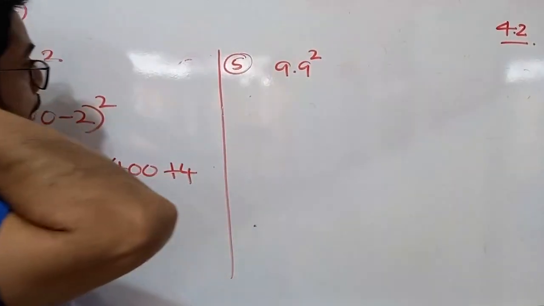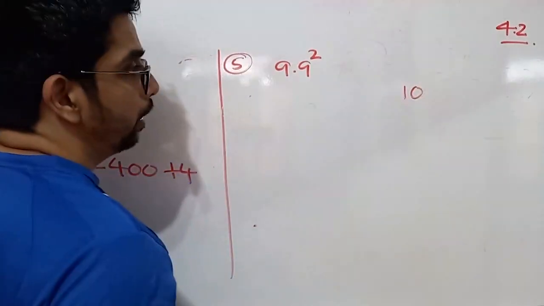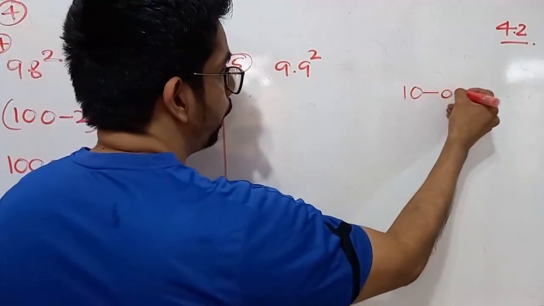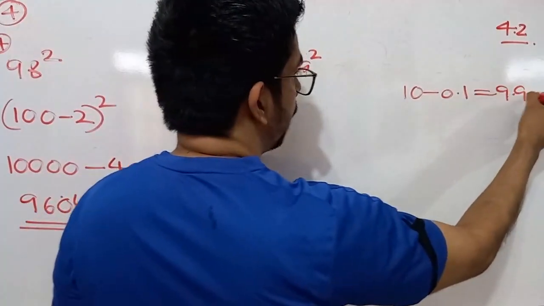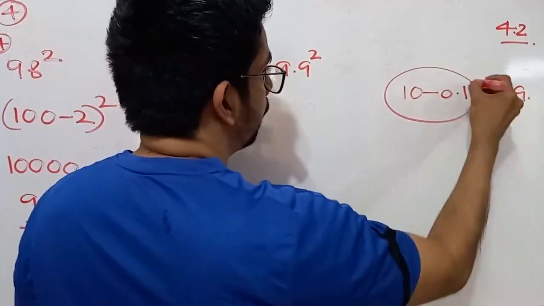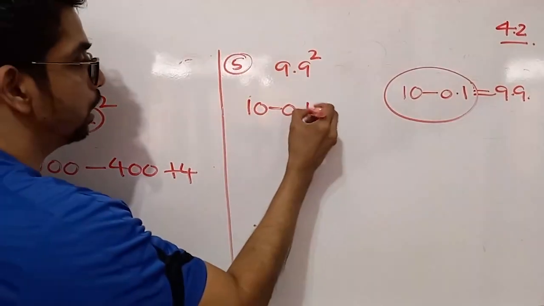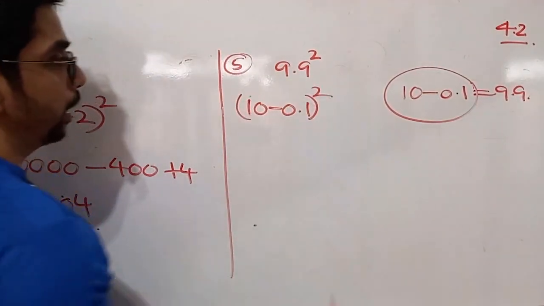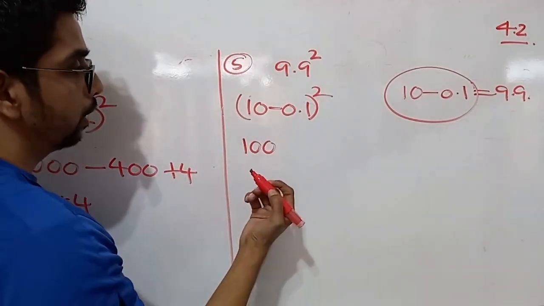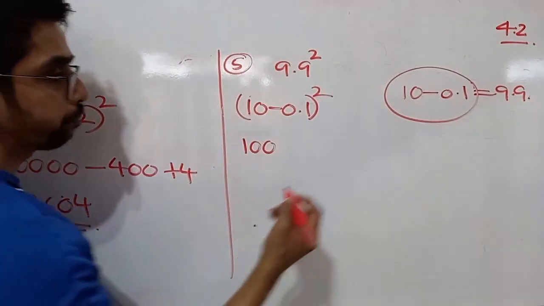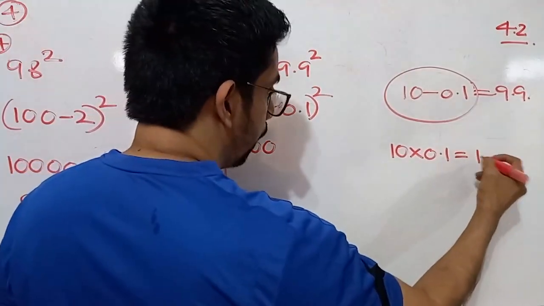9.9 square, right? So we know if we take the number 10 and subtract 0.1 from that, the answer will be what? 9.9. එතකොට මෙන්න මේක තමයි අපිට ගන්න වෙන්නේ, right? So 10 minus 0.1, square that. So 10 square, that is what? 100, right? ඊළඟට 10 times 0.1, that is what? 1.